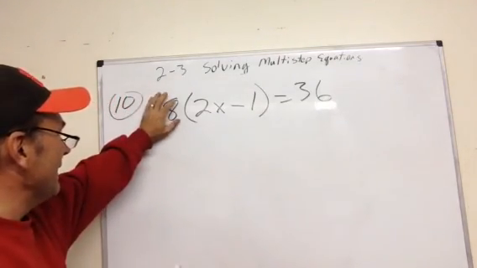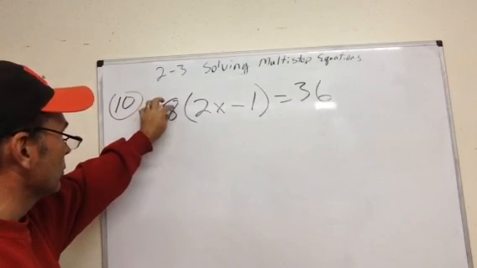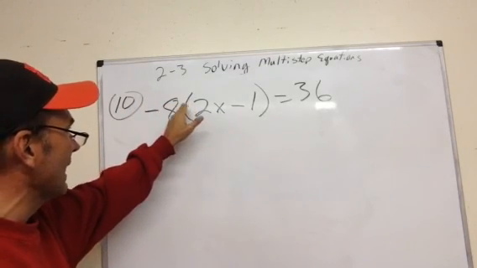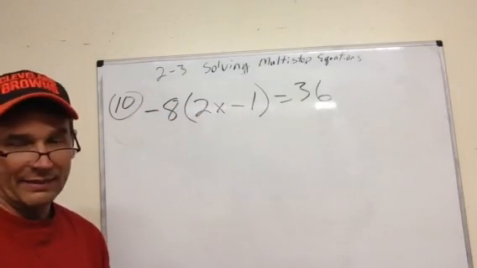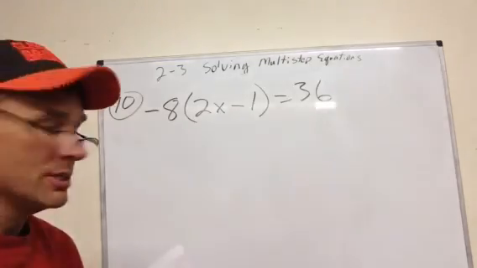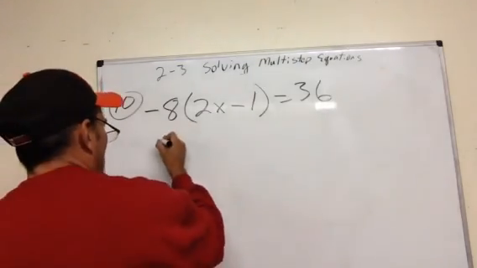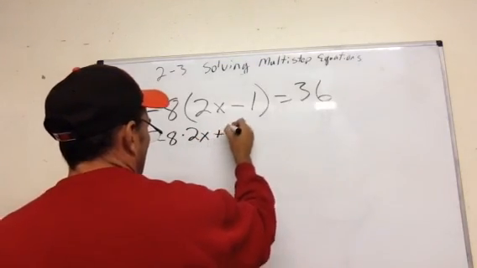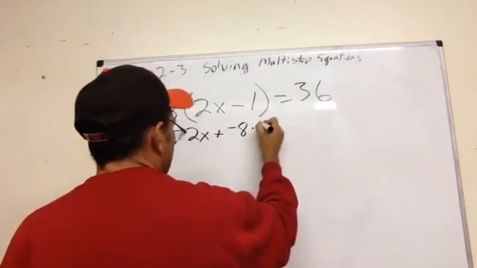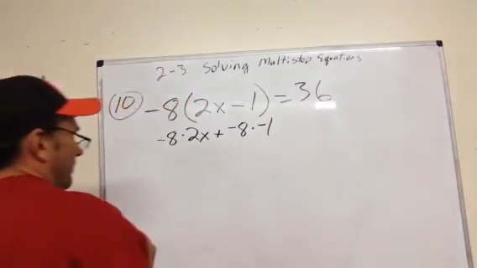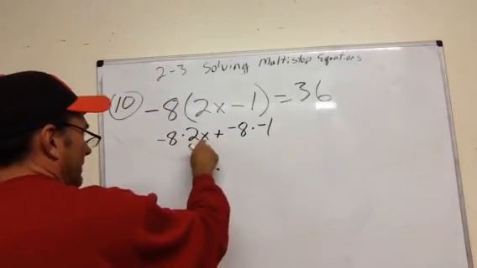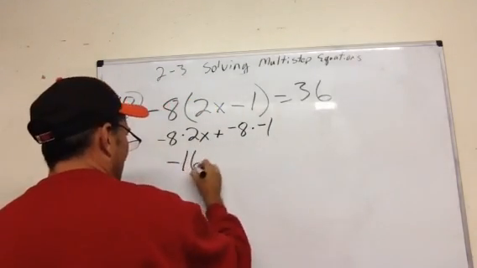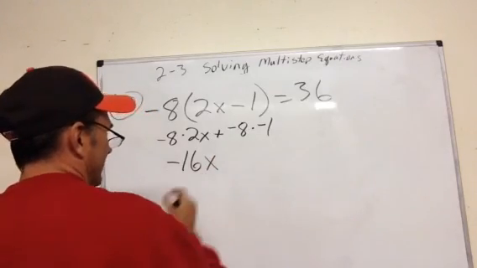Now this negative 8, this negative goes with the 8. It doesn't go with what the 8 is doing to this. This is still multiplication. I want to take the negative 8 times the 2x, and the negative 8 times the negative 1. Negative 8 times 2x is negative 16x.